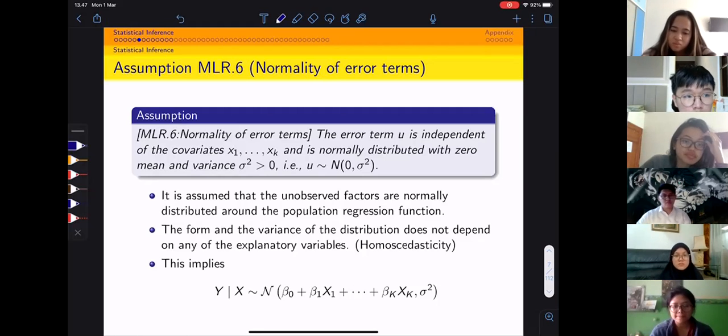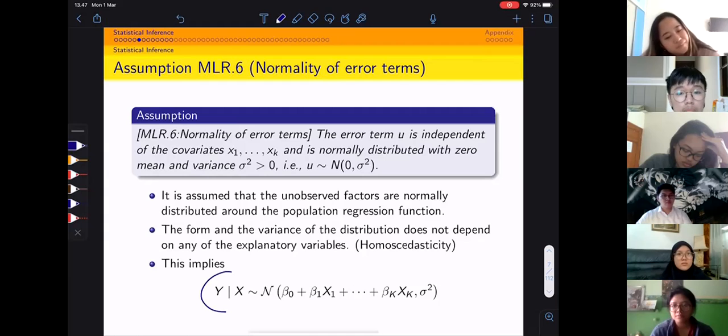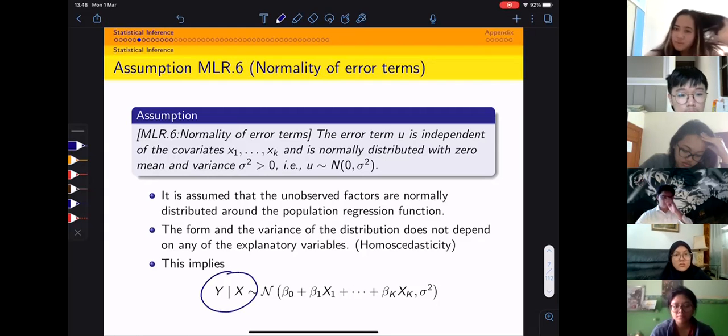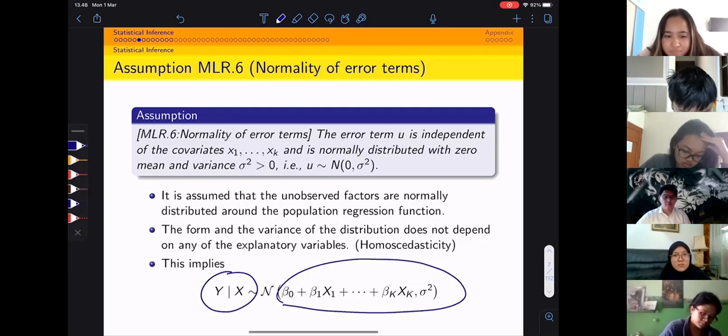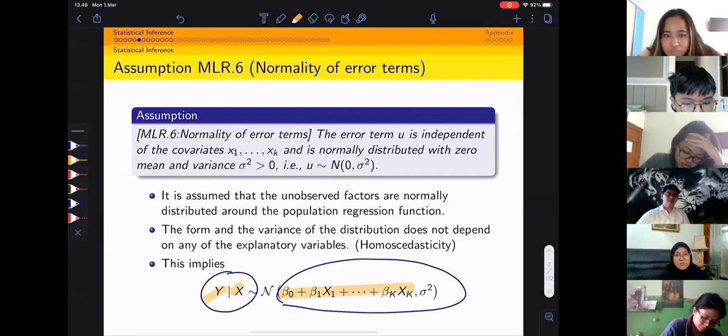So this implies that the distribution of y conditional on x is going to be normally distributed around the regression line. Just to repeat, the distribution of y conditional on the observable variable x is going to be normally distributed around the regression line.